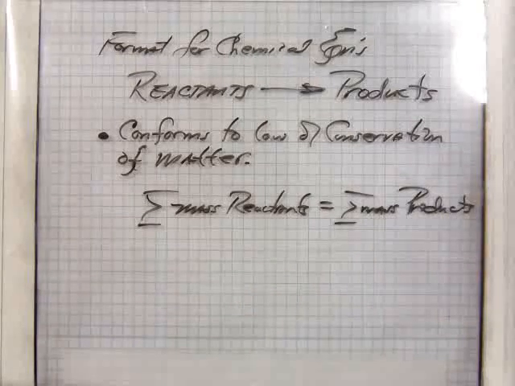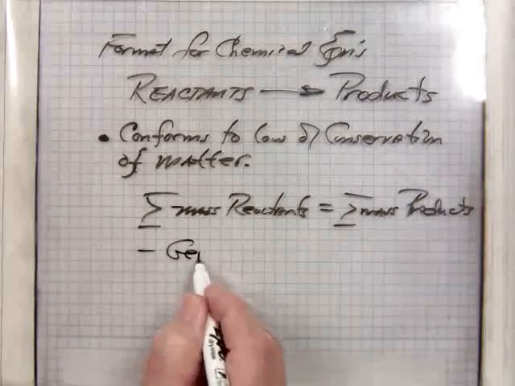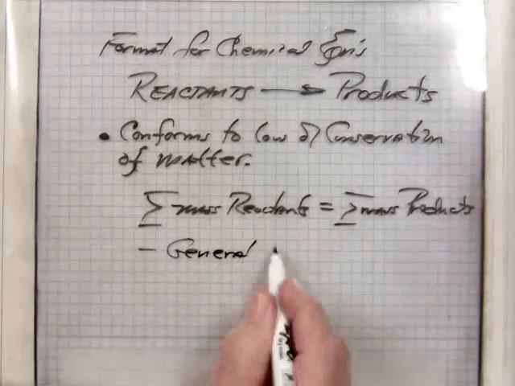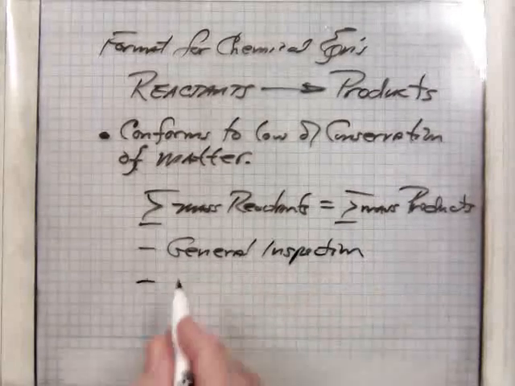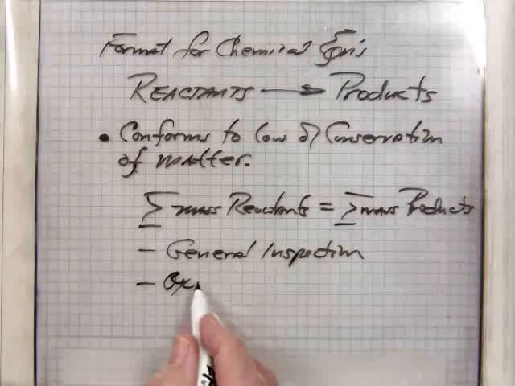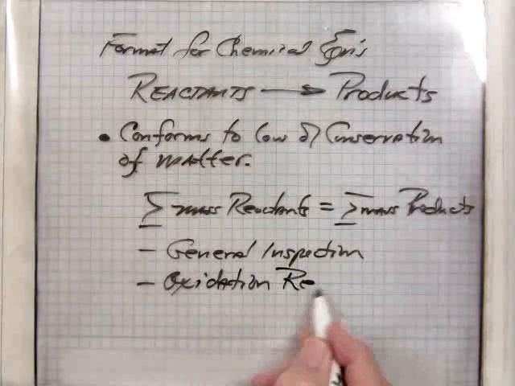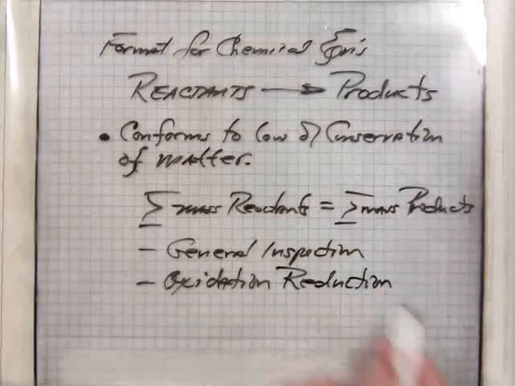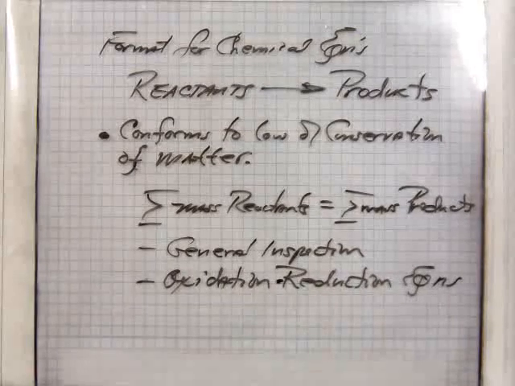Now, there are a couple of balancing processes that you will be shown today. One, general inspection, and two, an oxidation reduction procedure, or just simply balancing oxidation reduction equations like that.